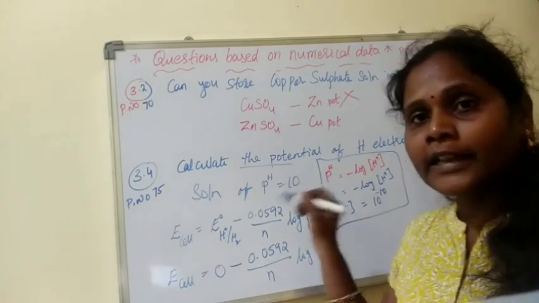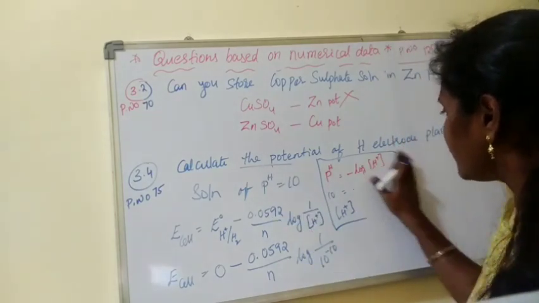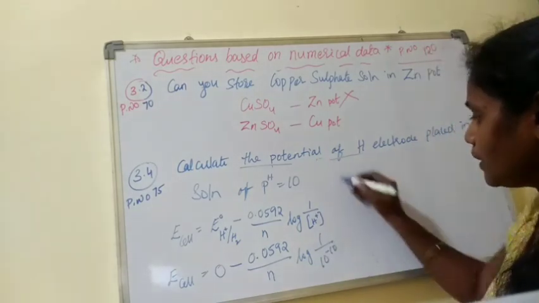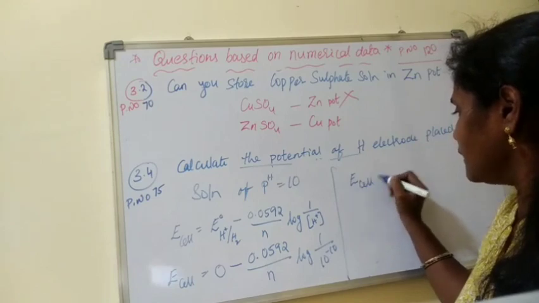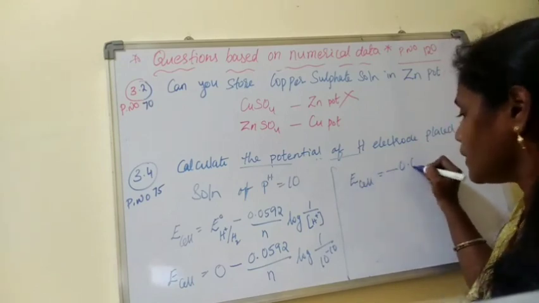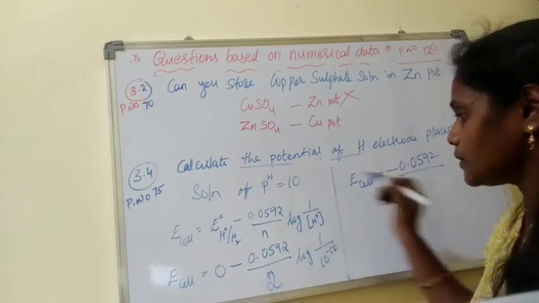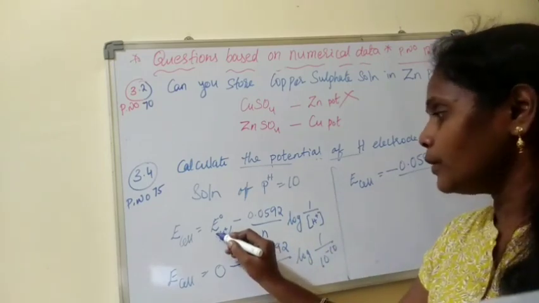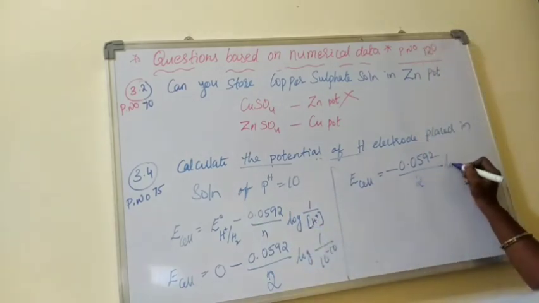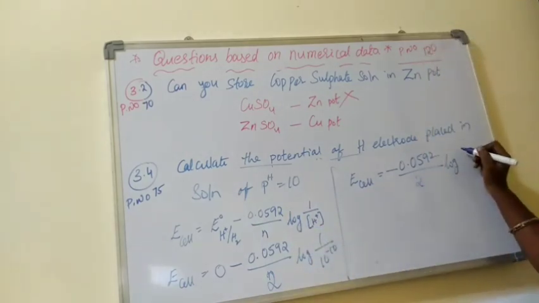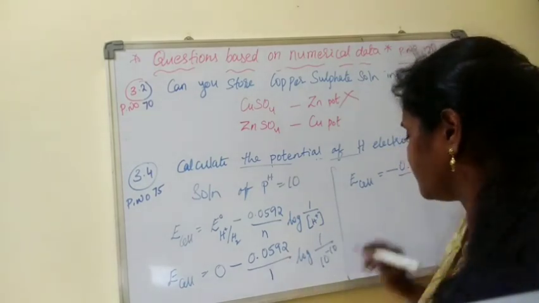If you substitute it, E cell is equal to minus 0.0592 by the number of electrons. Two H plus ions are converting into H2, so 2, no, 1 electron, right? Only 1 electron is involved.